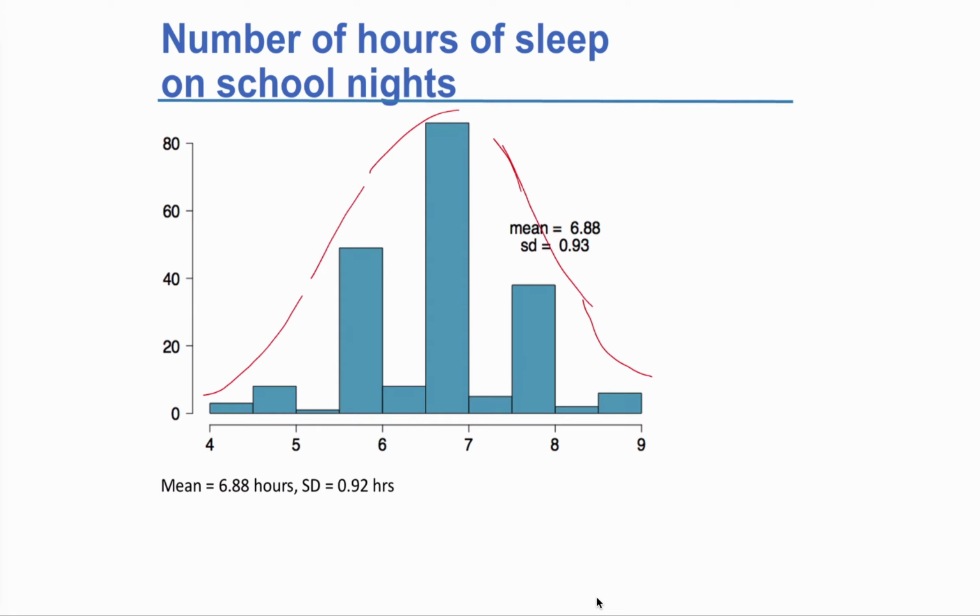You've got a lot of people that are reporting, looks like probably whole number values, rather than half number values. So that's why you've got these peaks here. But we can pretend that it is approximately normally distributed, with a mean of 6.88 and a standard deviation of 0.93. And this, you would have a calculator or a computer calculate for you.